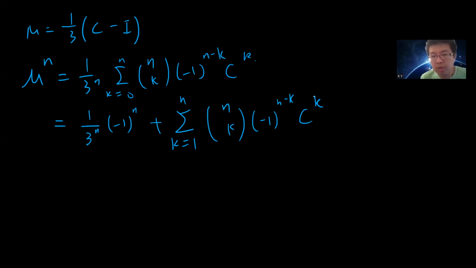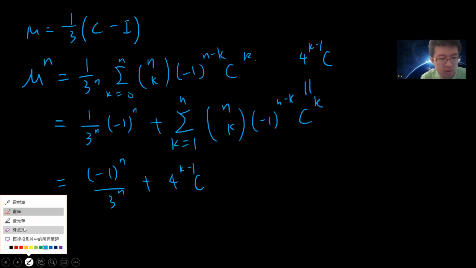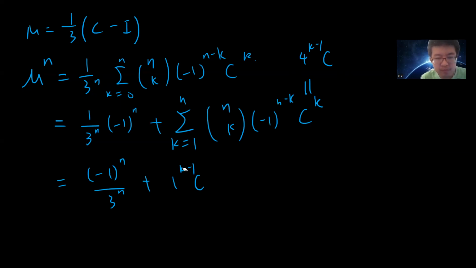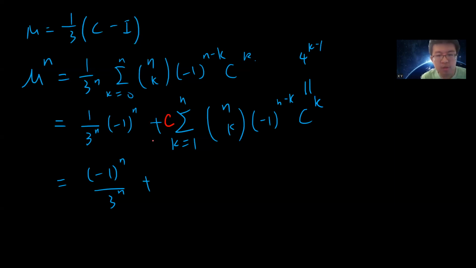Now I replace C to the k with 4 to the k minus 1 times C. So I get (-1) to the n divided by 3 to the n plus the sum with 4 to the k minus 1. I can pull out C, and put my C here. Okay, so it becomes this.